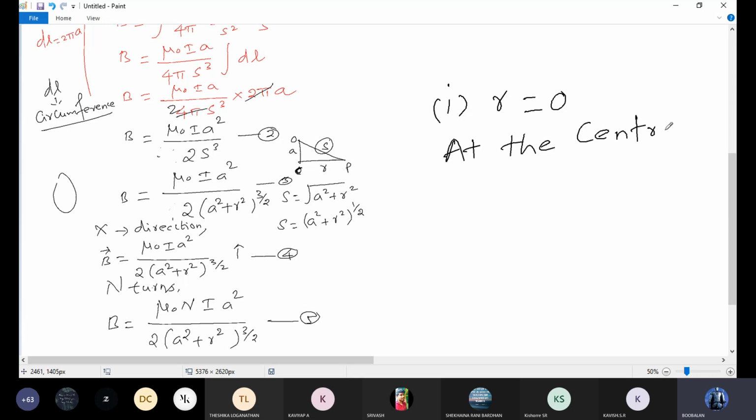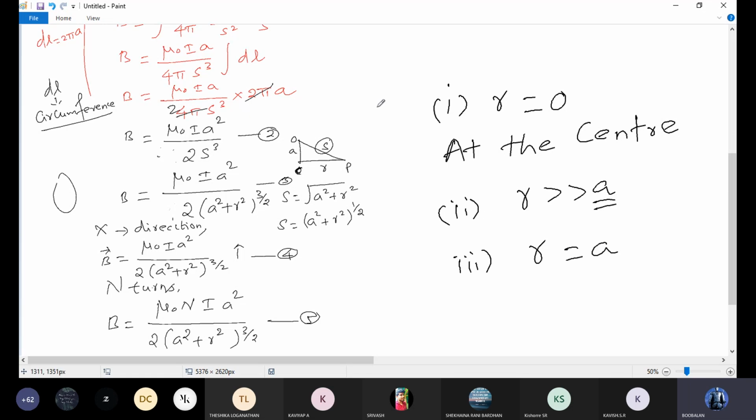What is the formula at the center of the current loop? Second condition, the r value is very much greater compared to a, so the a value is very small. Then what is the formula? Third condition, r value and a value both are equal.